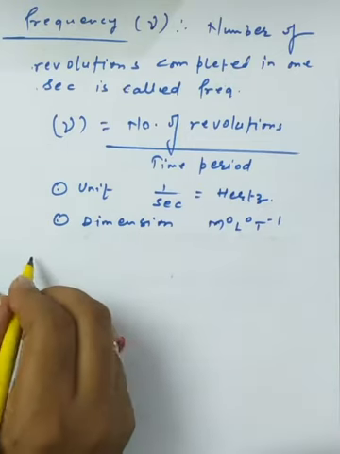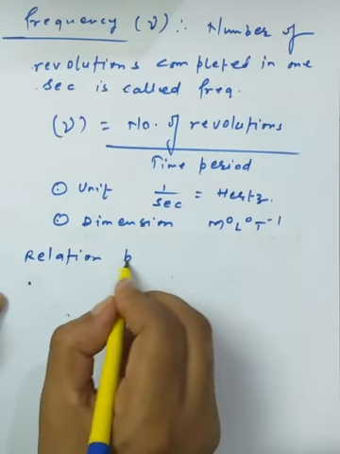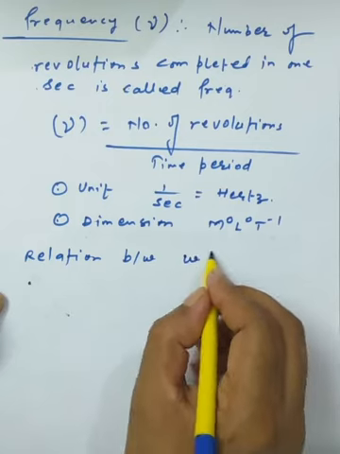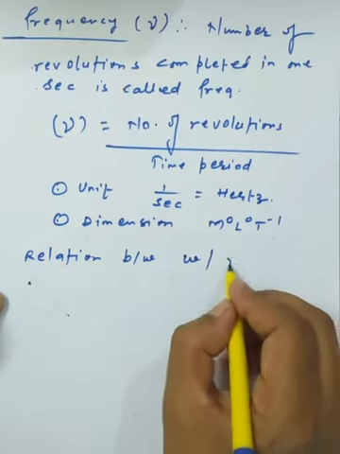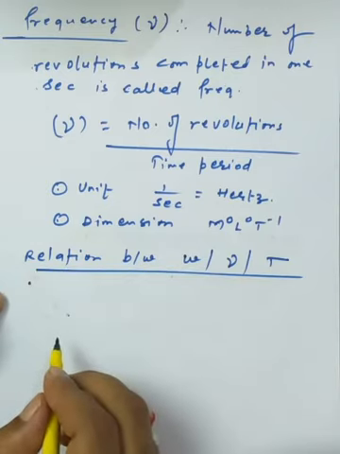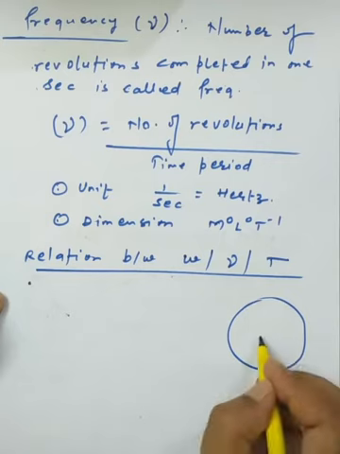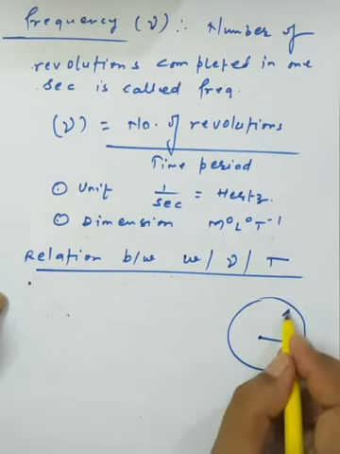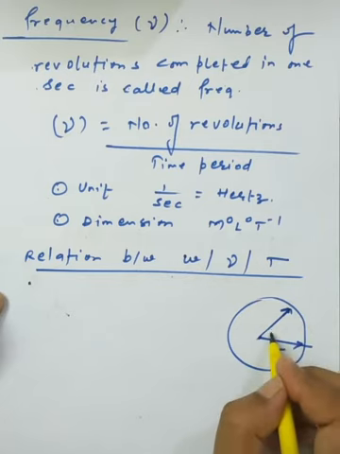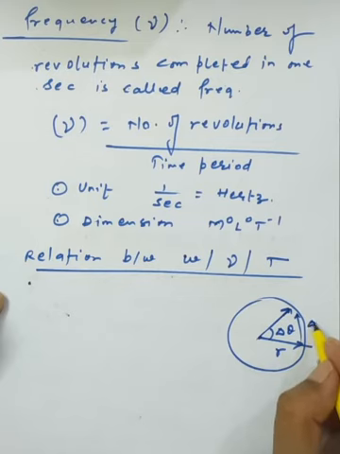Now the relation between, it's one of the general topics we have, the relation between angular velocity omega, frequency nu and the time period. Okay, so we assume the case that the particle is moving on a circular path. So it makes an angle in one revolution. That means this is delta theta, and this one is delta s.